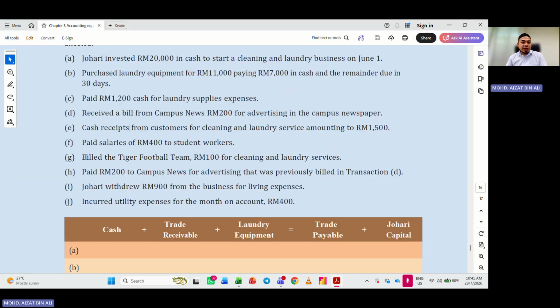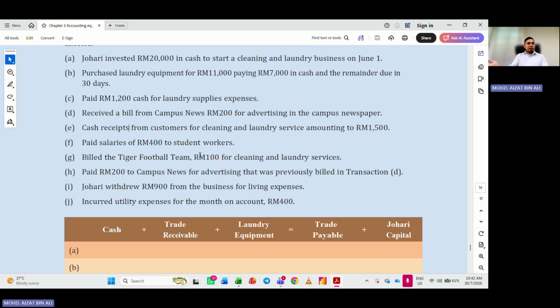Okay, next, G, billed the Tiger football team 100 ringgit for cleaning and laundry services. We have performed the service, but we haven't received the payment yet. Okay, so since we have performed the service, this goes into owner's equity as service revenue. Okay, and because we haven't received the payment yet, this means Tiger football team owe us money.